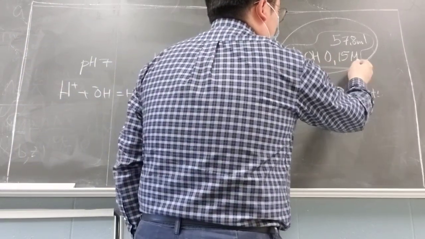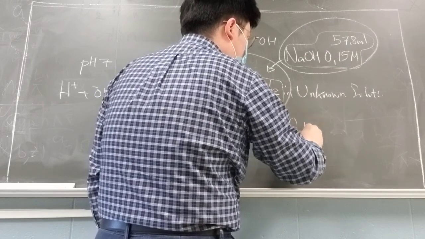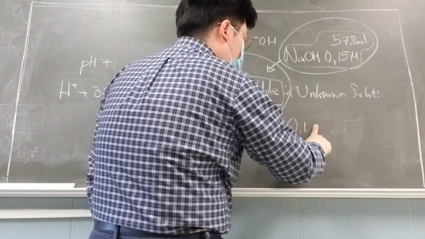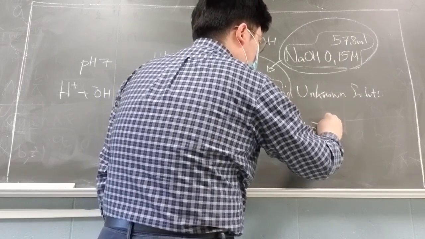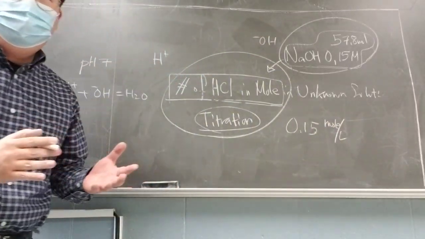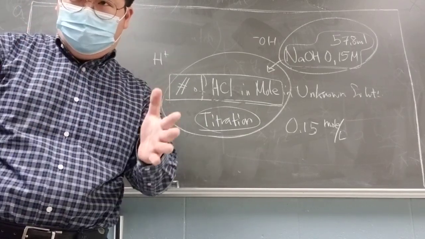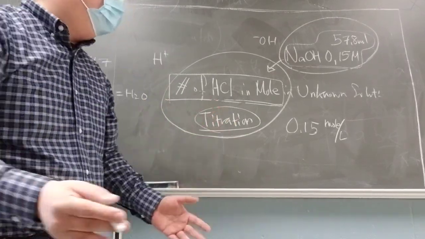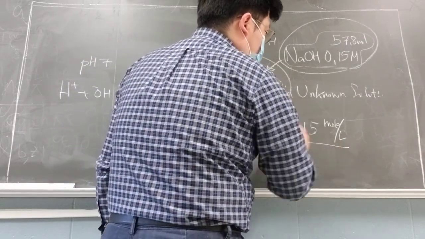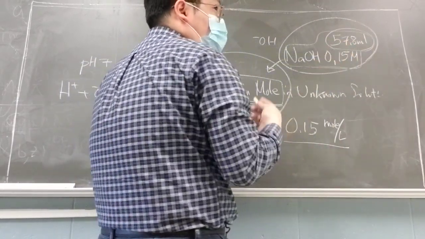So to find out the moles of NaOH, whenever you have a concentration, molarity, 0.15, this is the same as moles per liter. Okay? So molarity is the same as moles per liter. How many moles of something you have in 1 liter of solution? That's what it means. The problem is your volume is in milliliters.